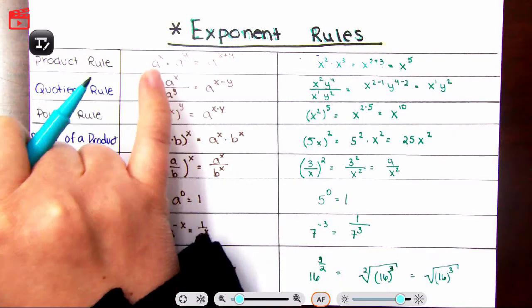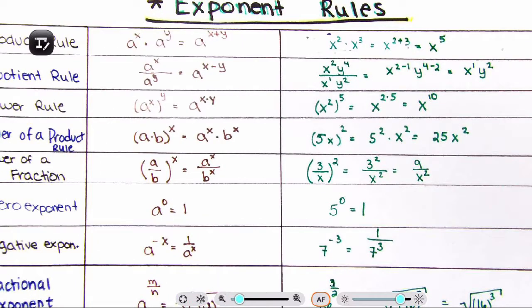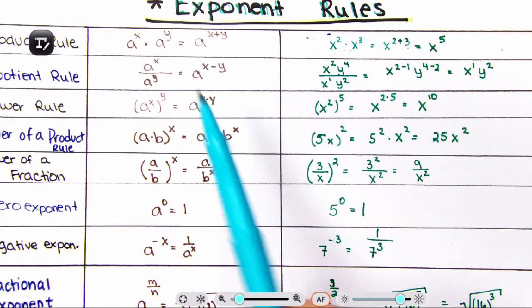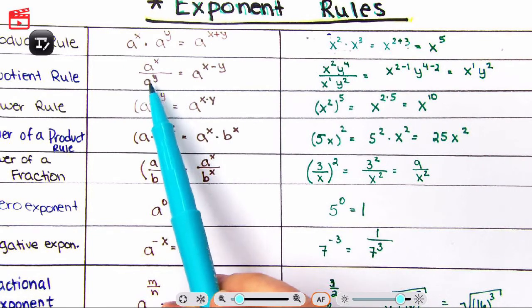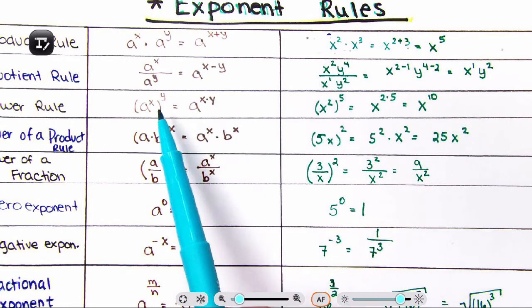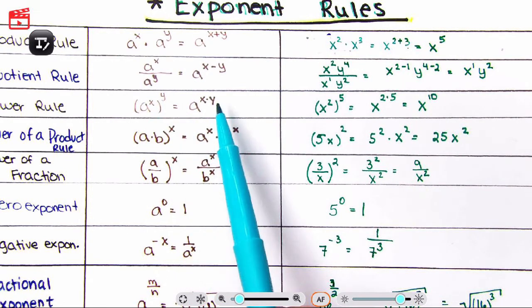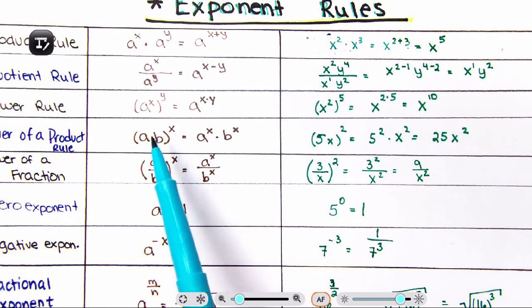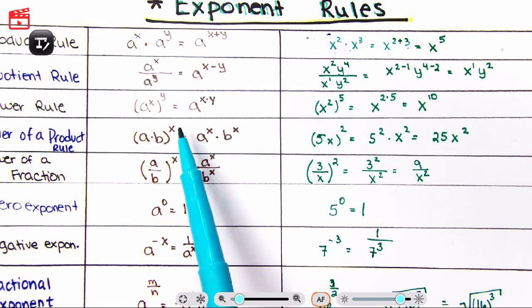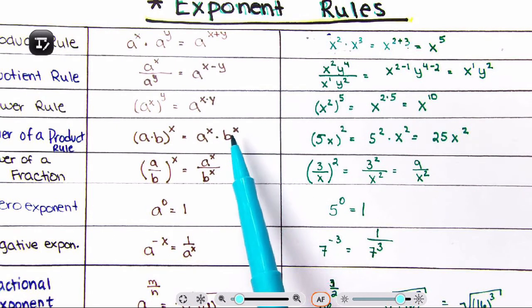So the product rule: if you have the same base, the exponents are added when you are multiplying those two terms together. If you have the same base and you are dividing, then you are subtracting the exponents. When you have a base and an exponent, and all of that is being raised to a power, that means your exponents are being multiplied. When you have two different bases being multiplied and they are being raised to a power, this is called the power of a product rule.